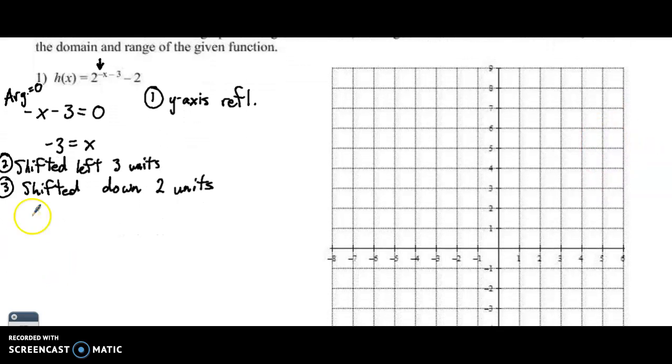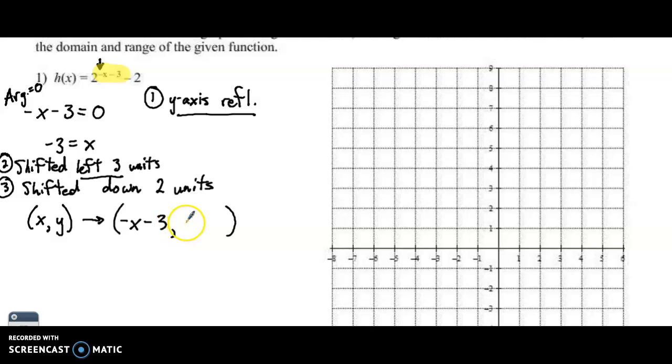We learned about that x comma y becoming something new. And if you remember from that long time ago, when this was negative, we left it all the same. So it was negative x minus 3, which is confirmed by the y-axis reflection being a negative x, and left 3 is minus 3. And then if we shift something down, we're changing the y units by subtracting 2 there.